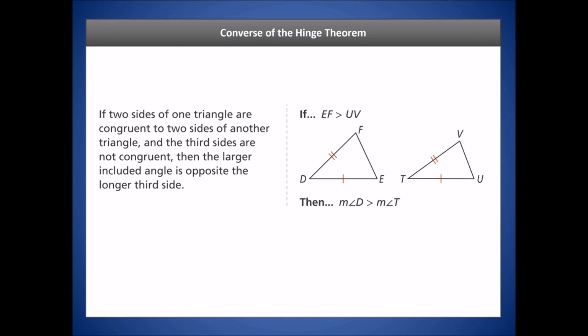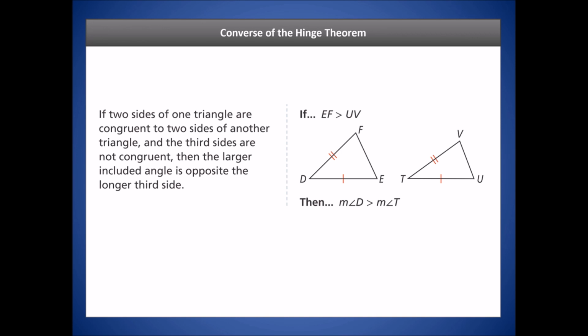Okay, so now we're going to discuss the converse of the Hinge theorem. This is the reverse of what we discussed earlier. This time, if two sides of one triangle are congruent to two sides of another, that hasn't changed. We have to have that for the Hinge theorem or the converse. But this time, the third sides are not congruent, then the larger included angle is opposite the longer third side.